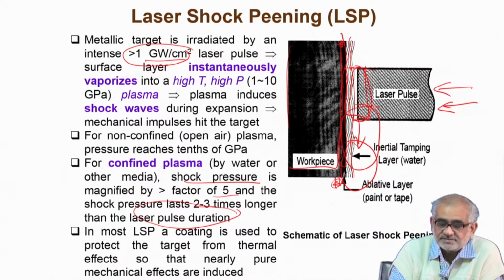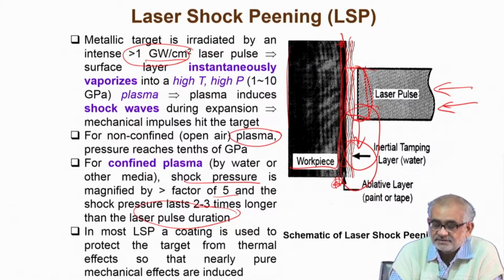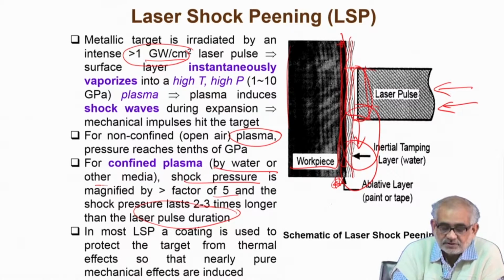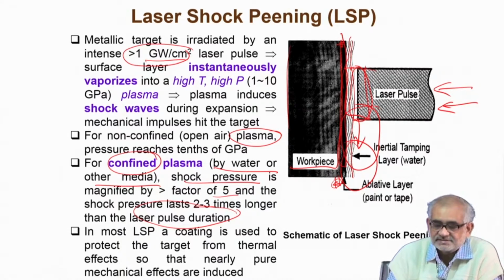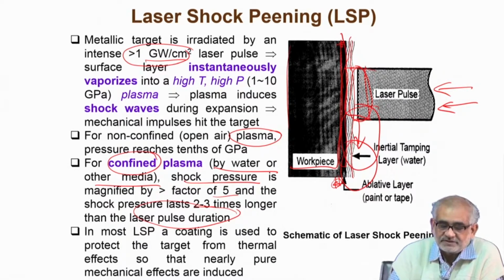Usually, to make this confinement even more effective, so that the shock wave created by that so-called plasma, or simply the gaseous state of that substance, is stronger, you can have it in an immersed condition, immersed in water or some other medium. So confinement of the plasma increases the effect of such shock waves and creates the residual stress, or initially the deformation part, which is responsible for creation of residual stress. That is higher because of the confinement of the plasma.